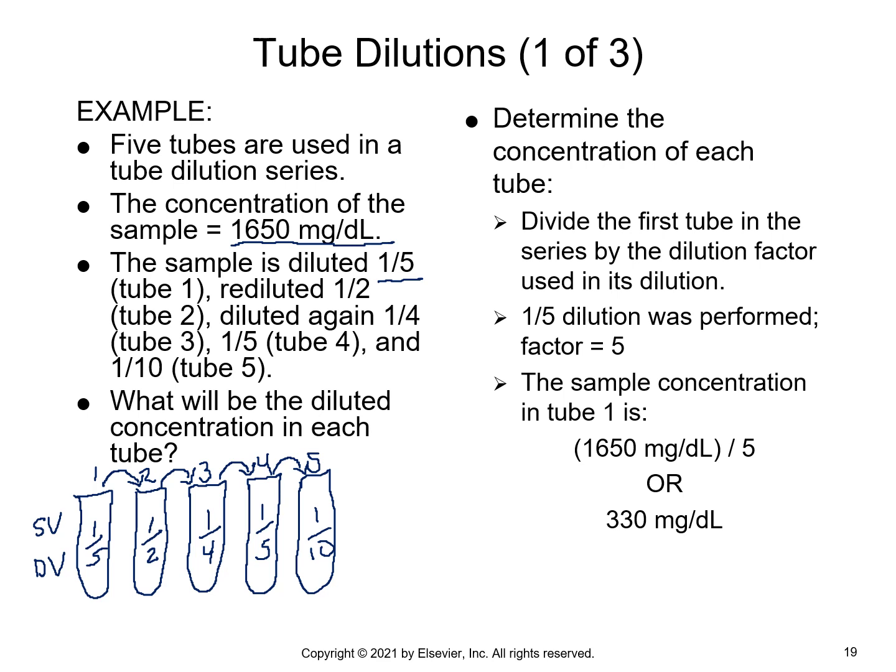Typically we would get our result and then multiply it, but we just want to know the concentration of that sample in tube number 1, so we have to work a little backwards. We take what the original is supposed to be, 1,650, and divide that by 5, which gives us 330 milligrams per deciliter, which is what our concentration would be in this first tube alone.